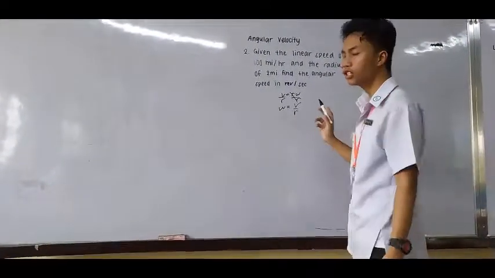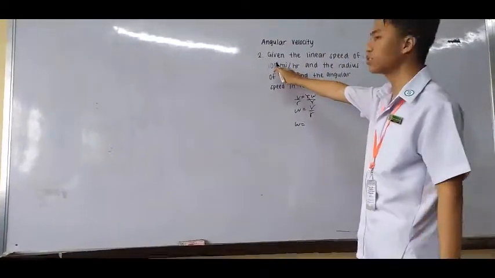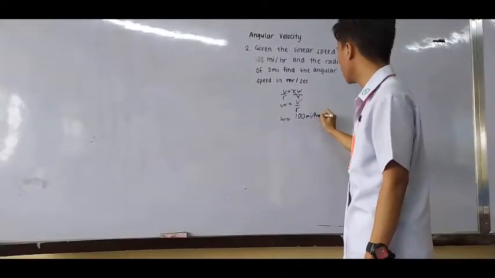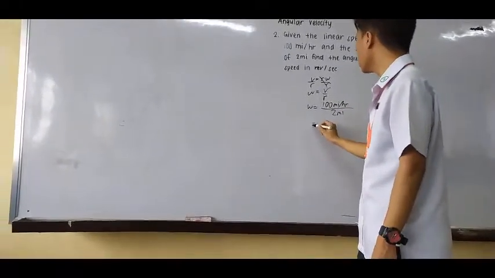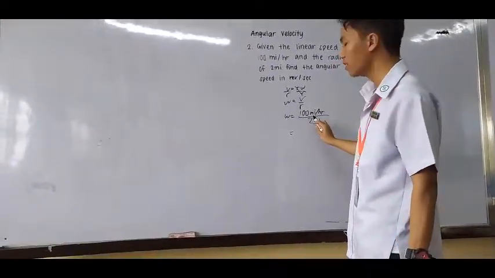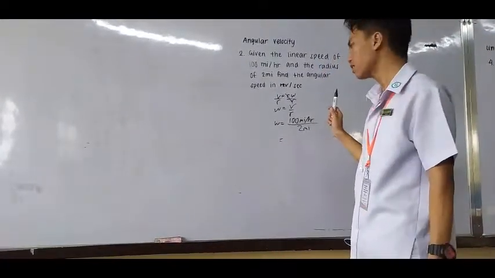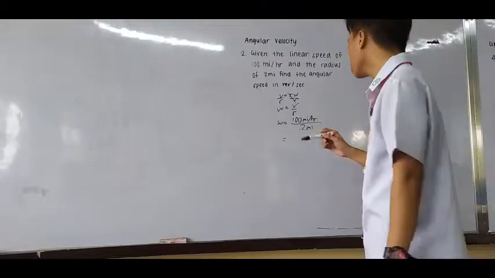So substitute the values: omega is equal to the linear speed, which is 100 miles per hour, over 2 miles. As you can see, this is going to be a reciprocal, because dividing by a whole number is equal to multiplying by its reciprocal.